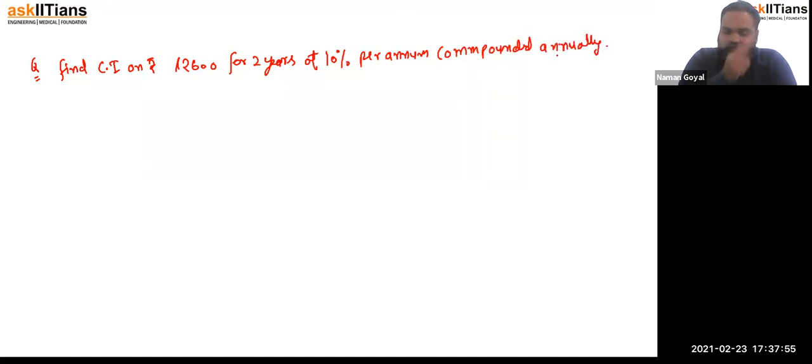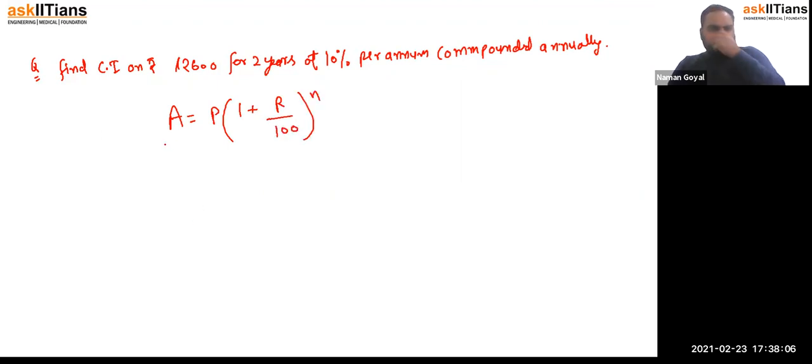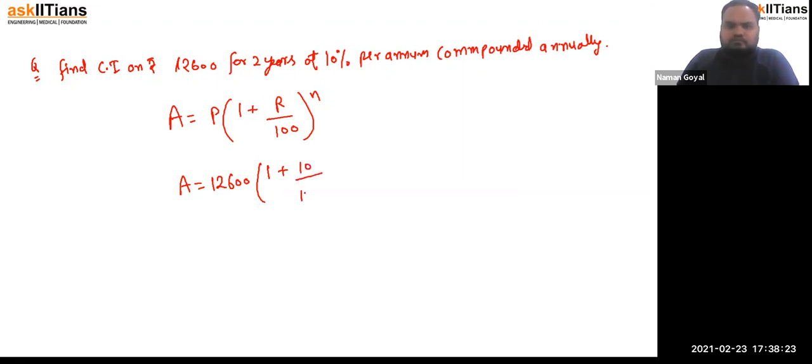As we know, the formula is A equals P into (1 plus R upon 100) raised to power n, where A is the amount, P is the principal value, R is the rate, and n is the time. In this question we have P as 12600, 1 plus R upon 100 is 10 upon 100, and n is 2 years.